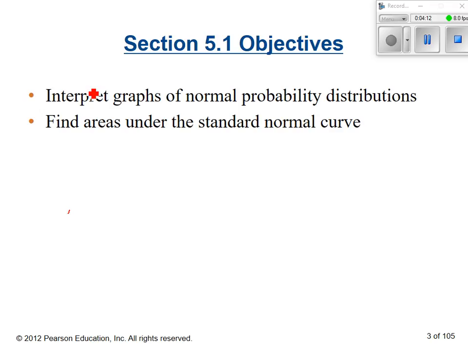So the first part of this is interpreting graphs of normal probability distributions and finding the areas under a standard normal curve, which we've talked about. Again, the standard normal curve looks like this. When we dealt with the empirical rule, looks something like that. You're going to have to be able to draw these. Now, every time I draw the standard normal curve, mine looks like that.